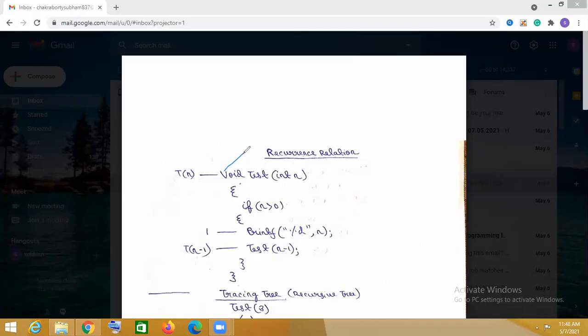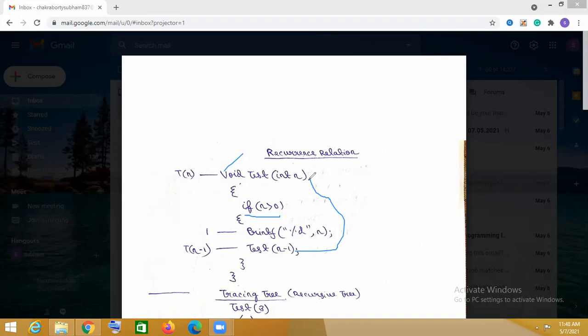Test is the function which takes one input, n. If n is greater than or equal to 0, then it will print the value of n, and again it will call itself. So this function works in a recursive way.